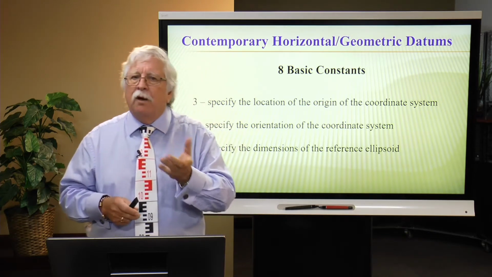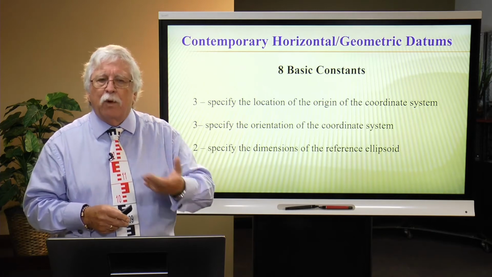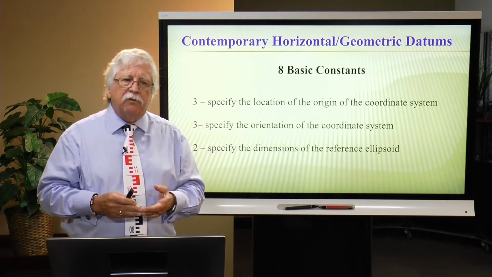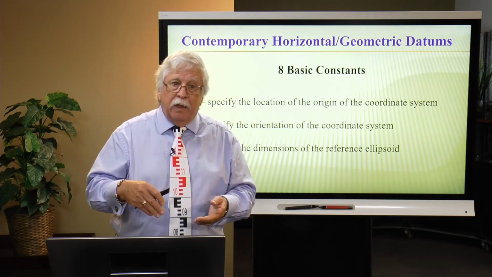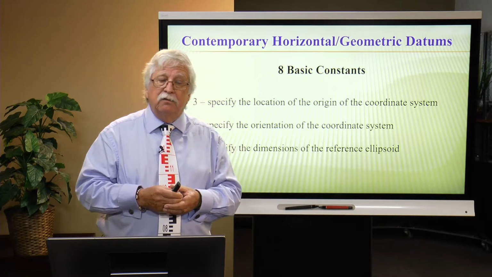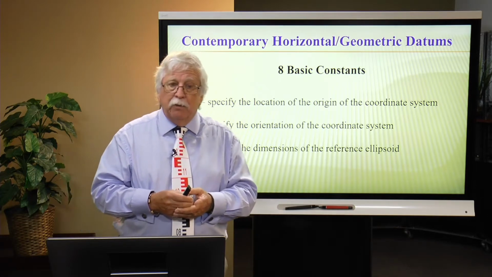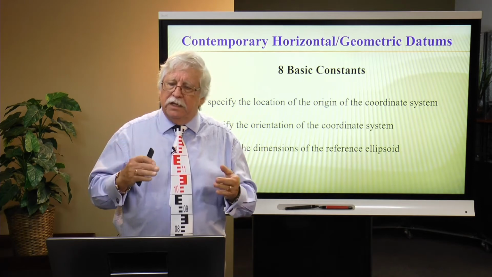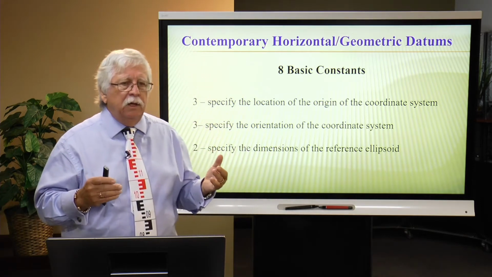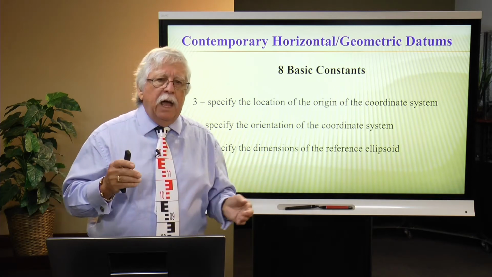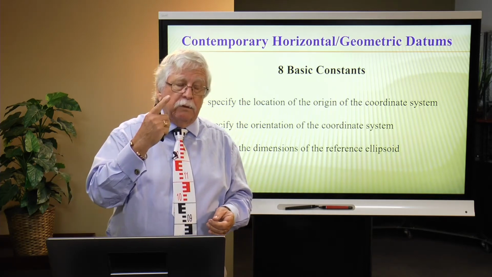The development of CORS, continuously operating reference stations, have all enhanced the NAD83. So today, as of the taping of this presentation in November of 2021, the North American datum of 1983 has an uncertainty, at least in conterminous US, from Maine to California, of about 1 centimeter.